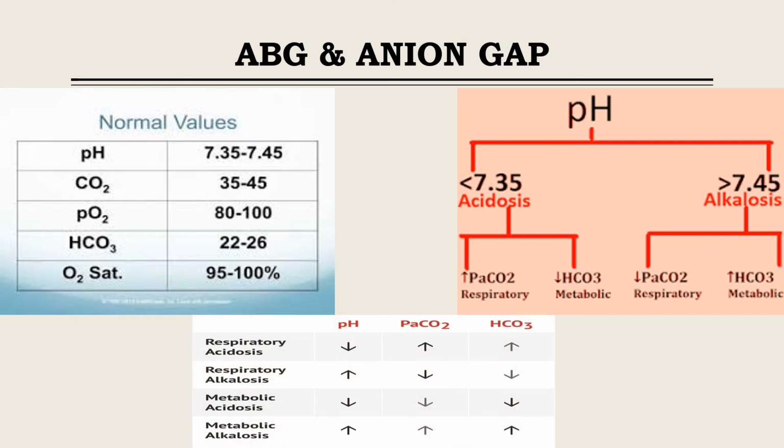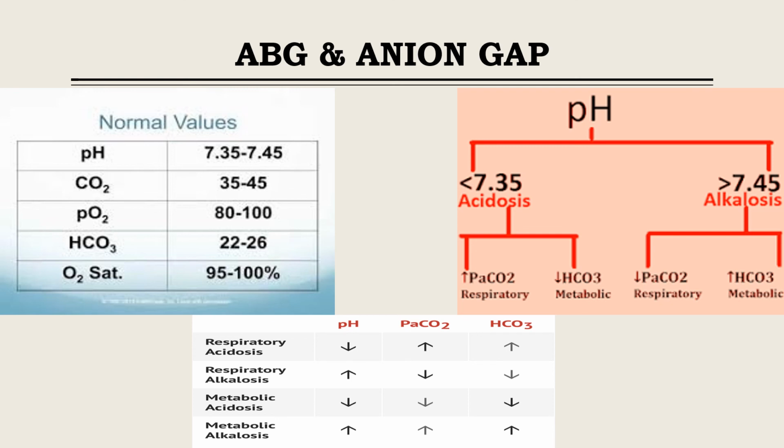For example, if you have pH increased, PCO2 normal and bicarb increased, this is metabolic alkalosis.